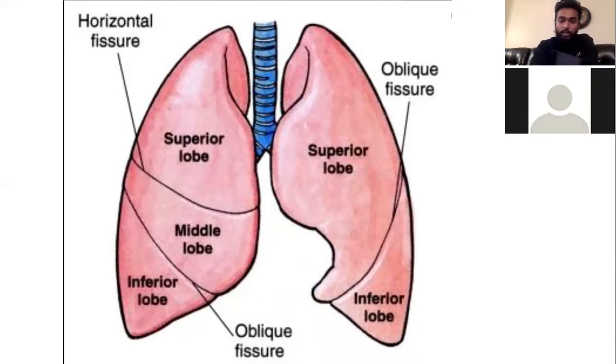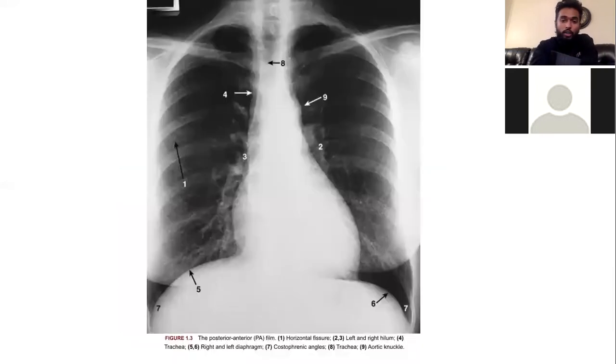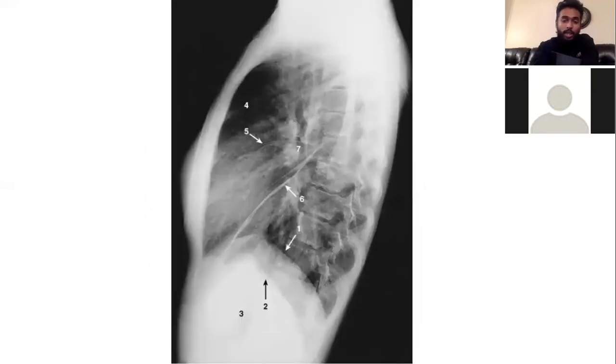And that's using the silhouette sign. Then use the two fissures I told you: draw a line from the hilum to the lateral border of the sixth rib. Go with sixth rib. That's going to be the horizontal fissure, from the lateral hilum to the anterior chest.